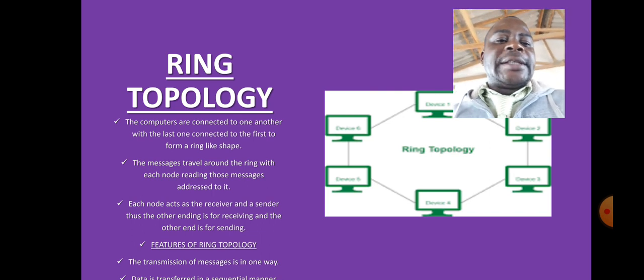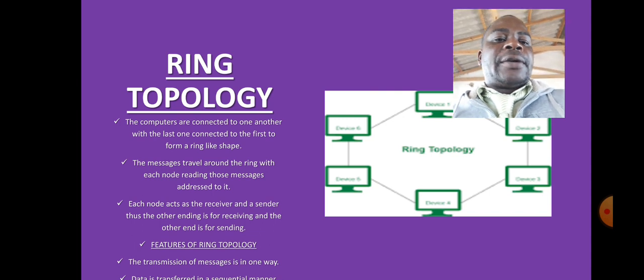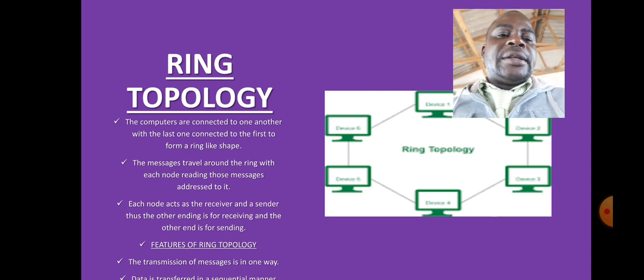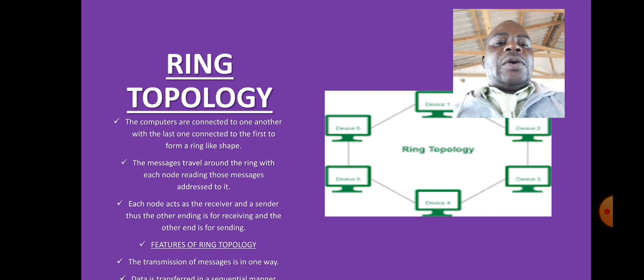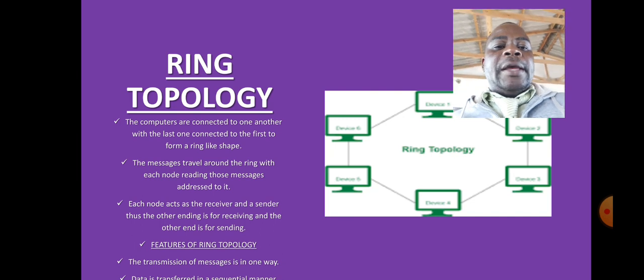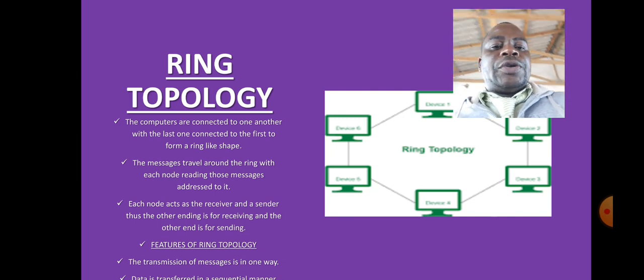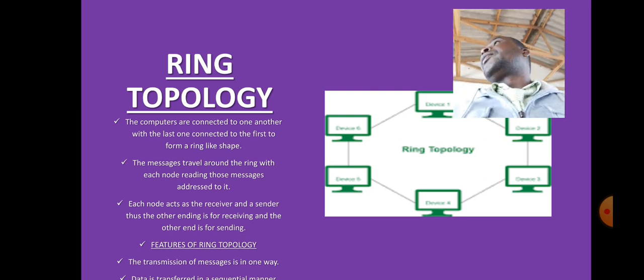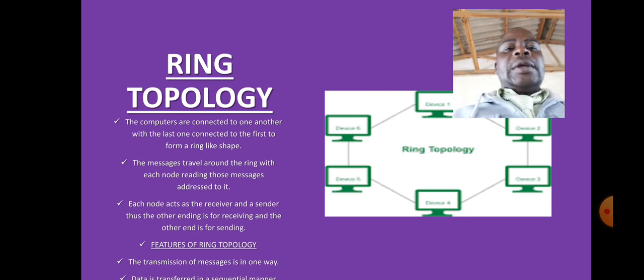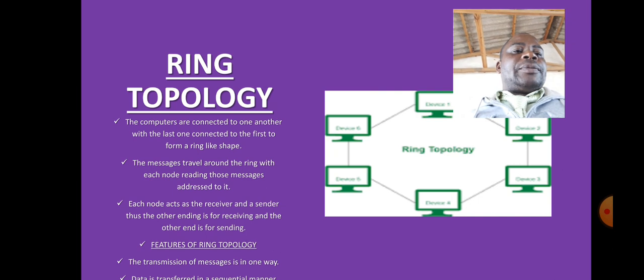Each node acts as a receiver and a sender, where one end is for receiving and the other end is for sending. However, it has certain features: a message in this topology is transmitted in one way, and it flows in a sequential way.